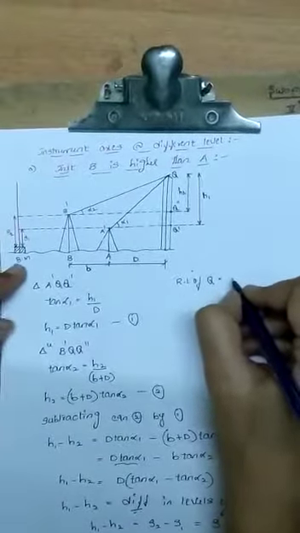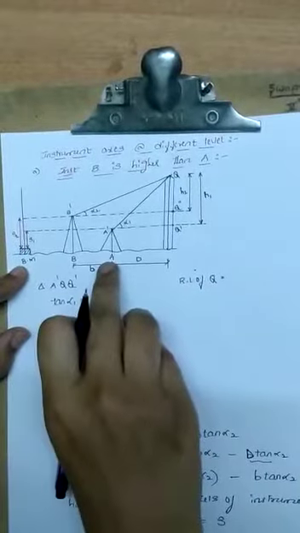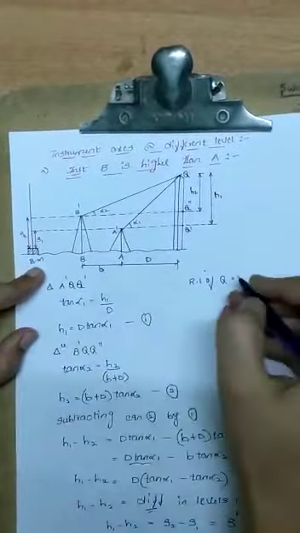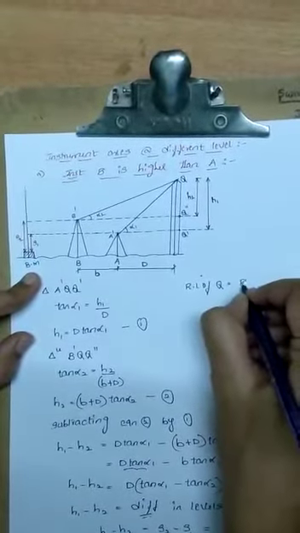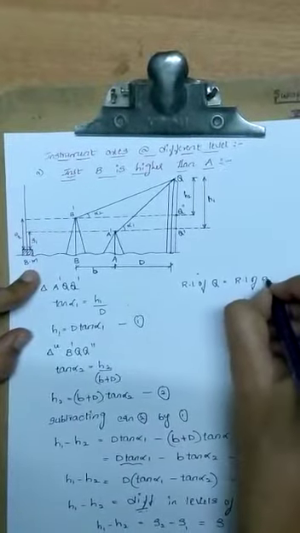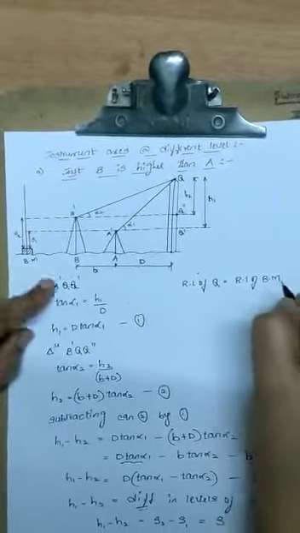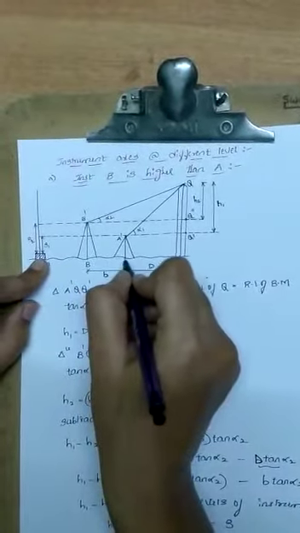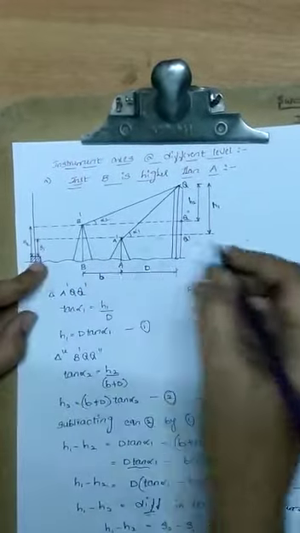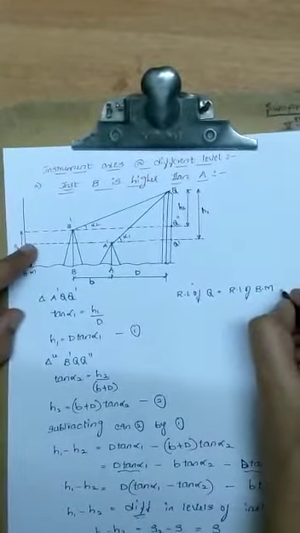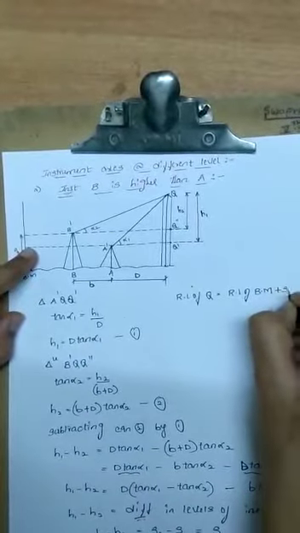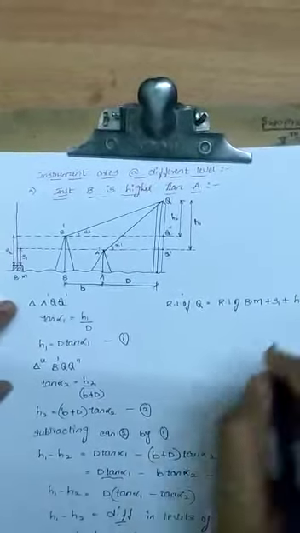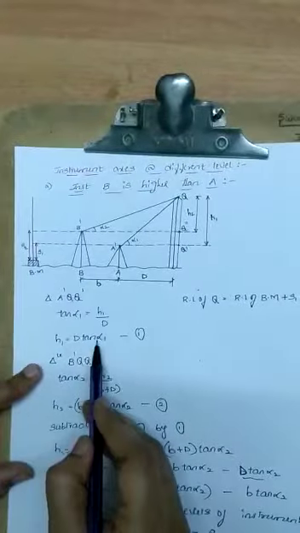If you are going to calculate the RL of an elevated object from the instrument station A, the equation is given by the RL of benchmark plus the staff reading taken when the instrument is at point A, that is S1, plus H1. H1 is nothing but d tan alpha 1.